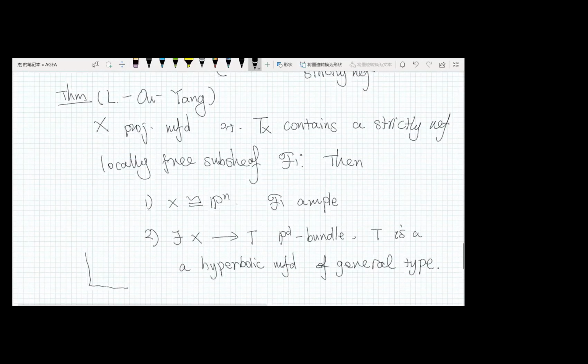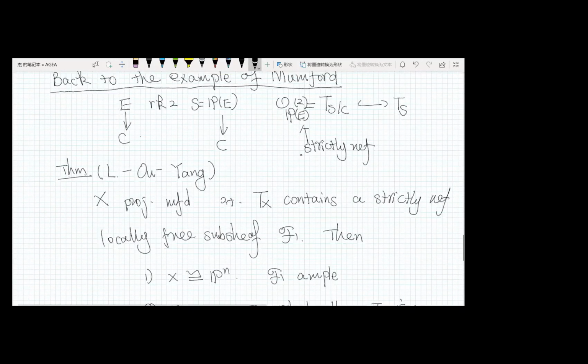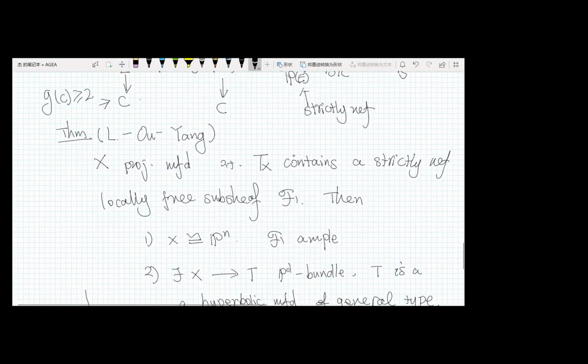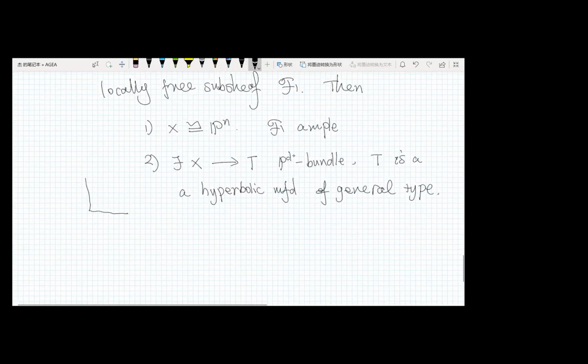If you consider the example of Mumford here, C is of genus at least 2. So of course C is of general type, and C is also hyperbolic. Let me just recall the definition of hyperbolicity. Recall that T is hyperbolic.